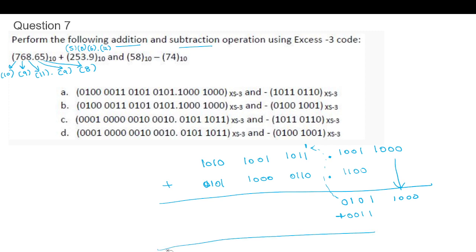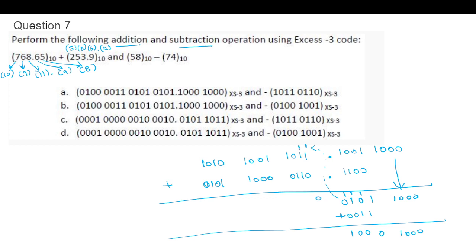And what will be the answer? 0, 1, 0, 1, 0, 1, 1. So there is no end of correction. Okay, this we have added. Next 0, 1, 1, 1, 0, 1, 0. Now there is a carry. We have to add the carry here. And the answer 0, 0, 1, 1. Add with 3. 1, 0, 1, 0.